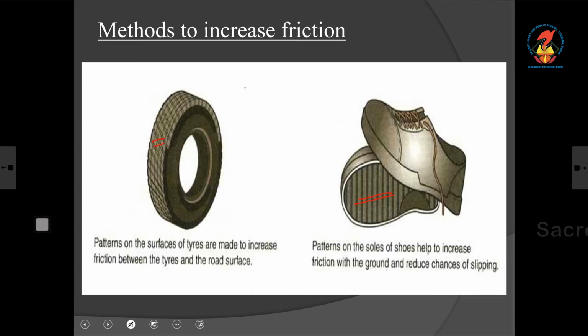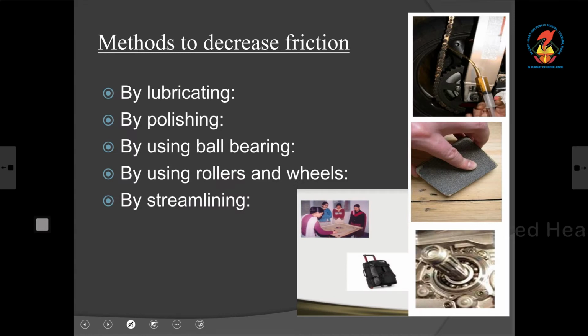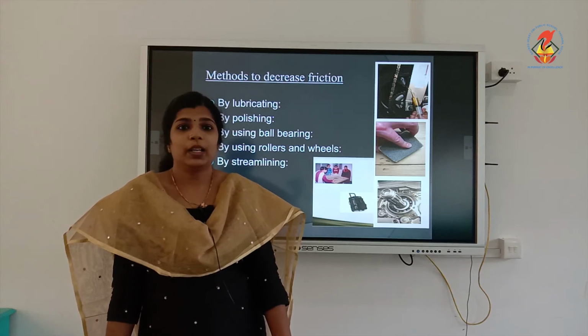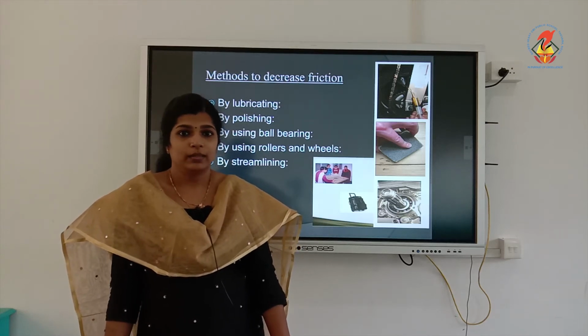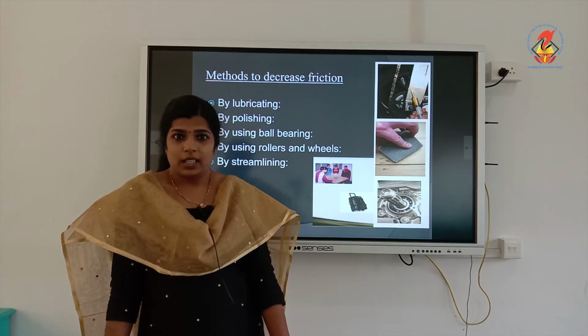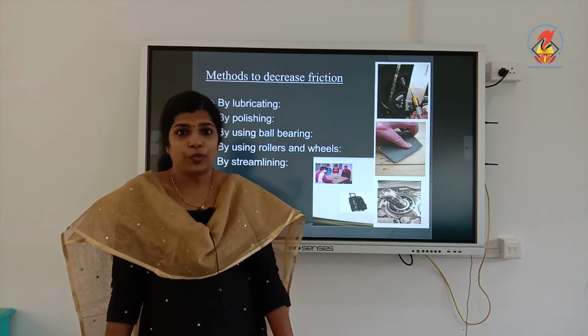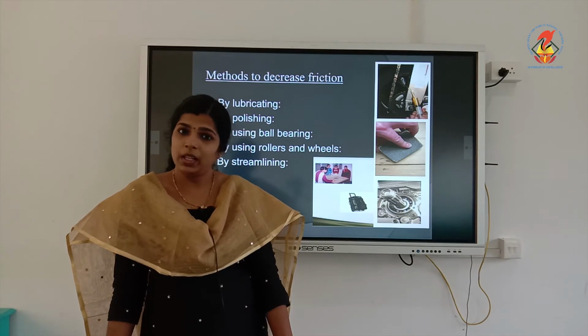Now, what are the methods to decrease friction? By all these methods we can decrease friction. The first one is lubricating. Lubricating means you apply oil or grease. You have seen that when the hinges of doors are very tight, we apply a small drop of oil or grease there so that it moves freely and its movement is smooth.